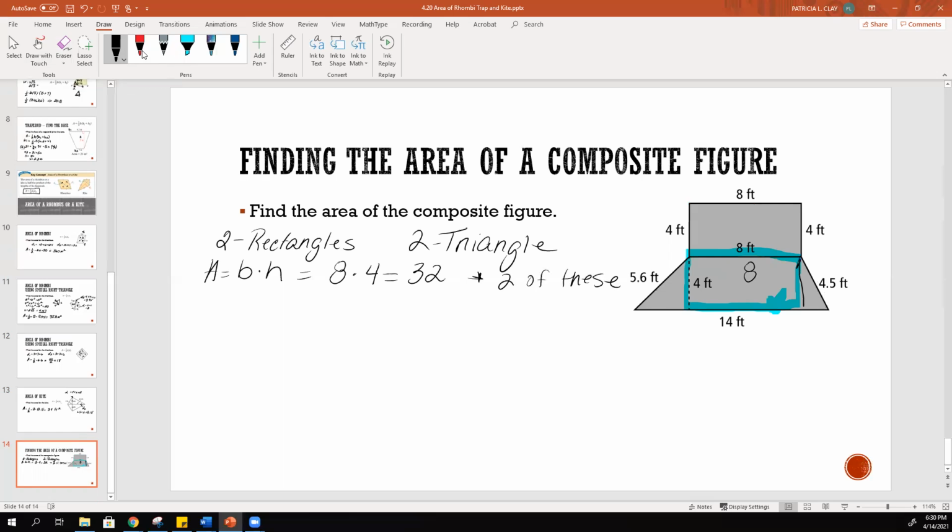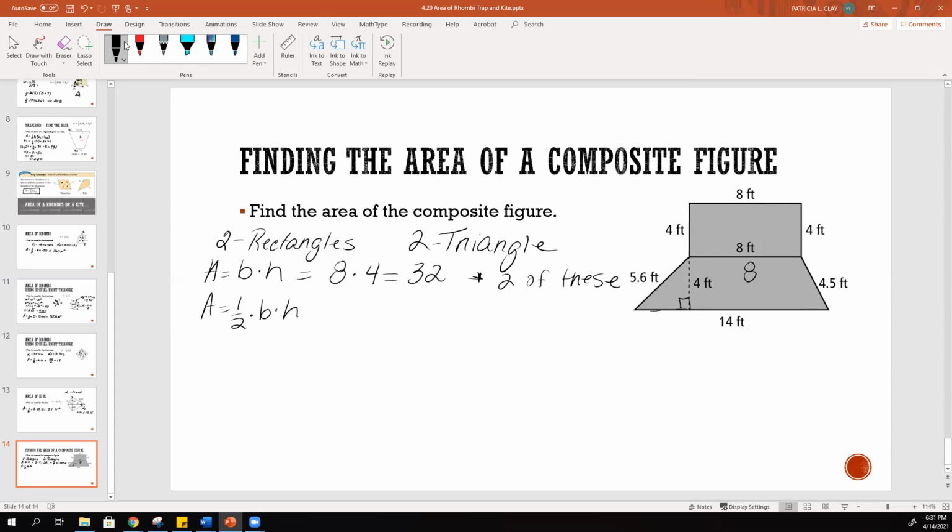Now let's work on our triangle. Let's start with this one over here. I'm going to form my right angle. We know the height of the triangle. Remember, the formula we need is 1/2 base times height for a triangle, but we don't know the base. So we can use the Pythagorean theorem to calculate our base.